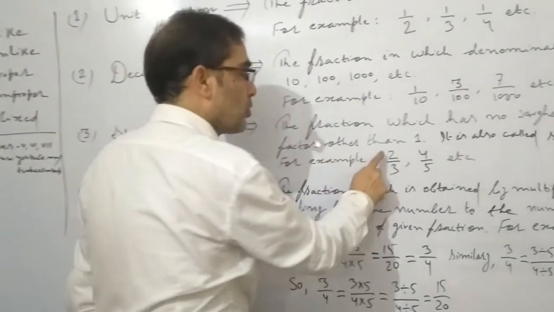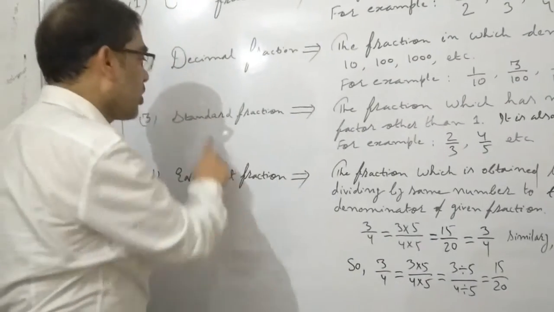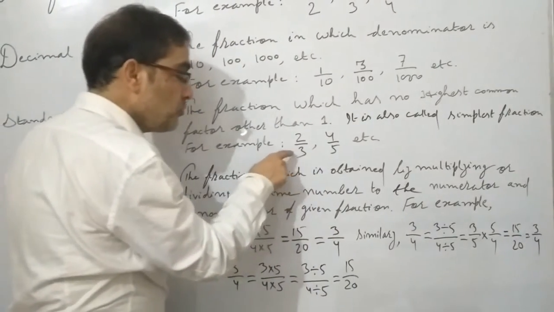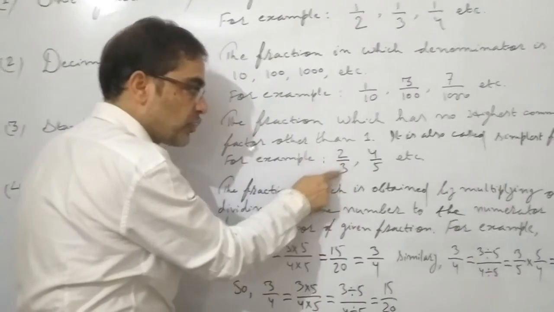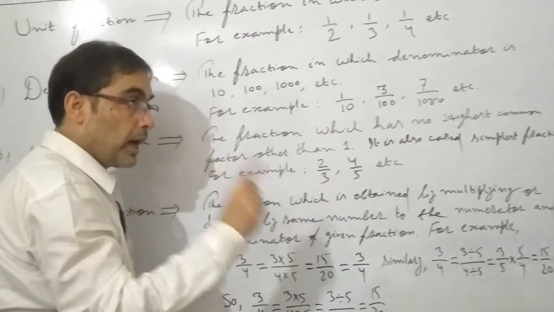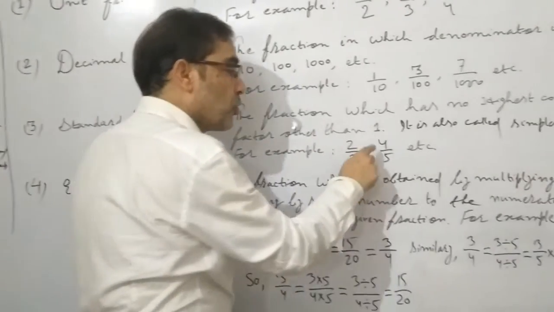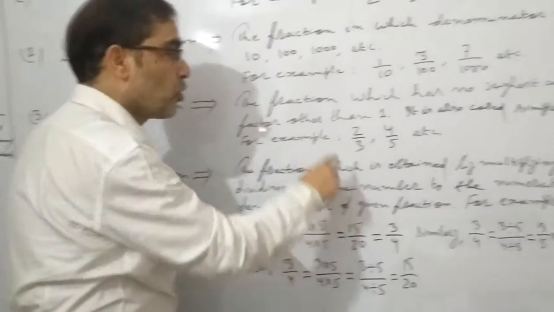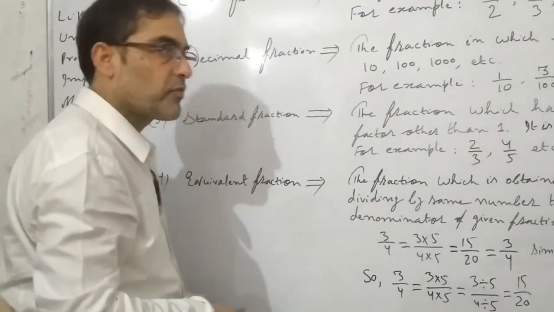For example, 2 by 3, 4 by 5, etc. are the examples of standard fraction, because in the example of 2 by 3, the highest common factor of 2 and 3 is 1. And also in the example of 4 by 5, the highest common factor is 1. So 2 by 3 and 4 by 5, etc. are the examples of standard fraction.